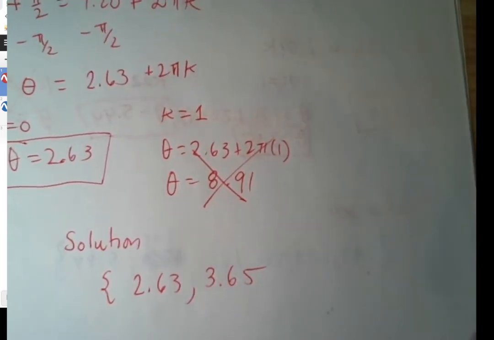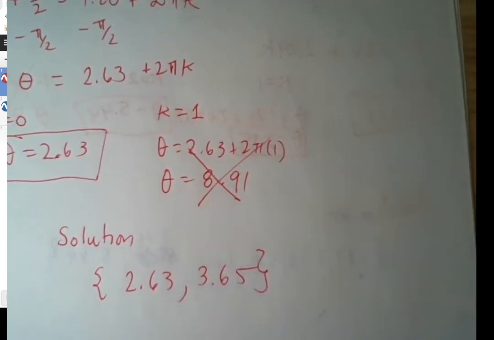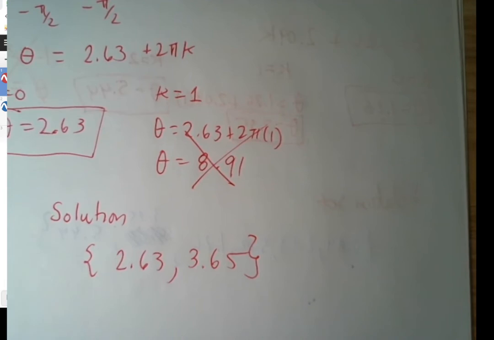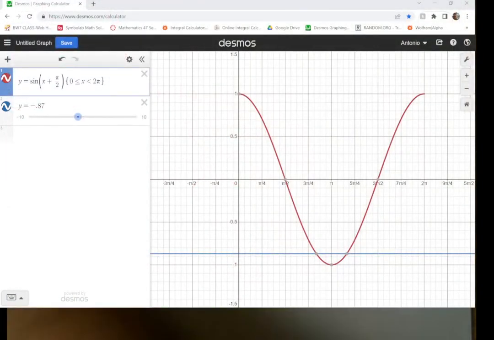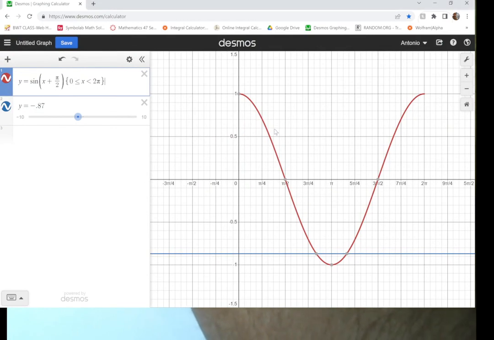All right. And again, we did this work analytically. What would this look like? Just wanted to check our solutions. We can always get a graph going just to verify here. If we look at our graph, we could see there our original equation, or not original, I should say, whenever we had it, sine of x plus pi over 2 equals negative 0.87.